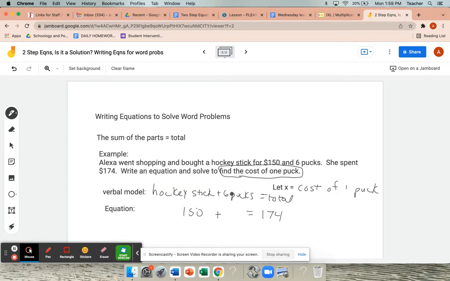Put our plus sign, 6 pucks. 6 times the cost of one puck, so that would be 6x. And that equals the total. Now, we have to write an equation and solve it. So there's my equation: hockey stick plus 6 pucks equals $174. And x is how much one puck costs. So let's solve it now.